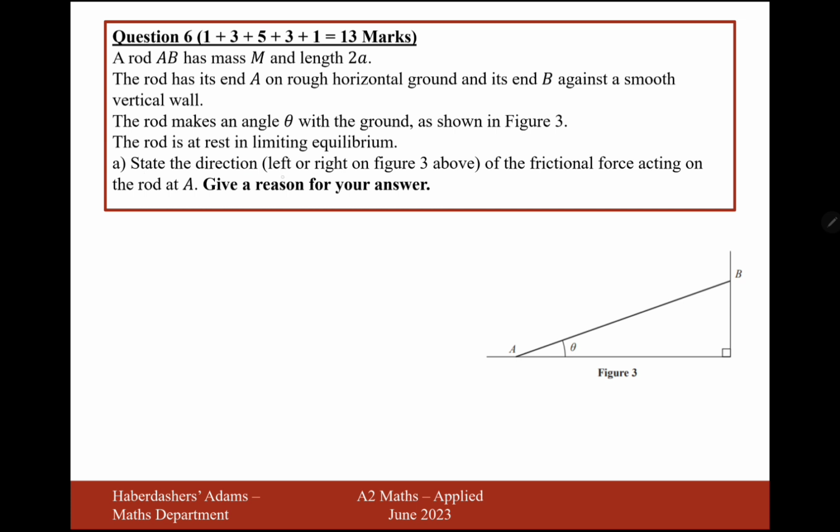State the direction, left or right, in figure 3 above, of the frictional force acting on the rod at A. Give a reason for your answer. Well, it's going to be acting to the right, because this is the direction the rod will slip.